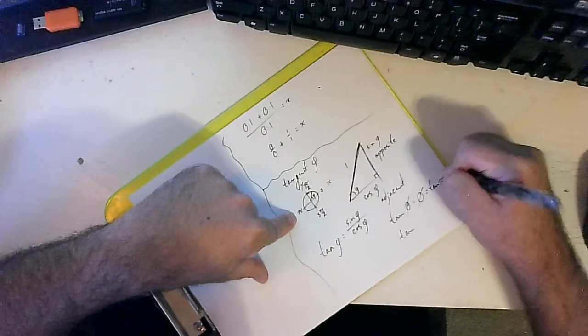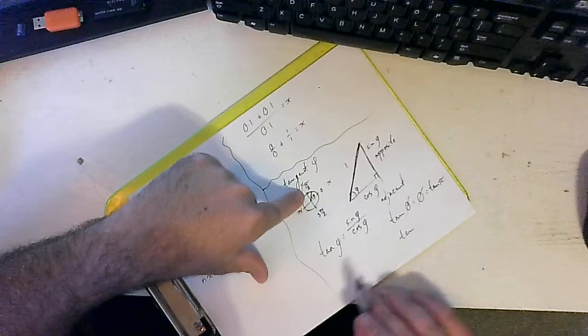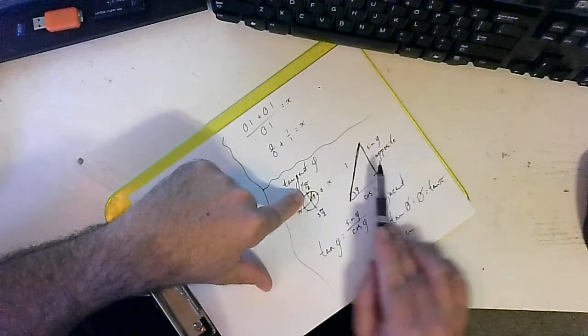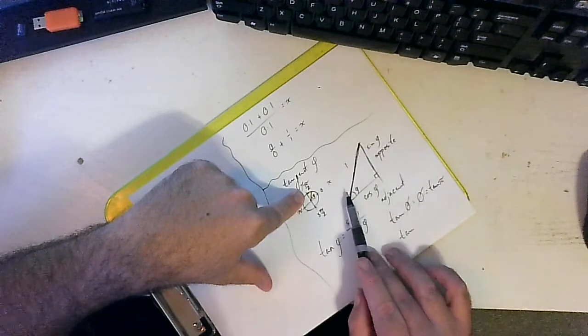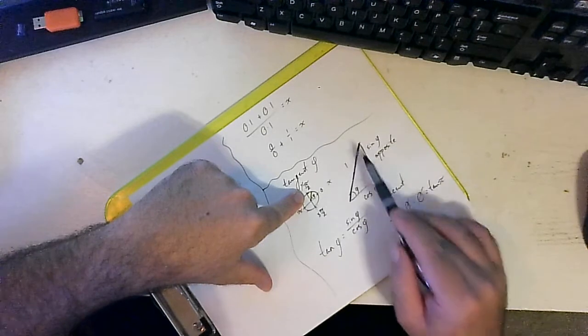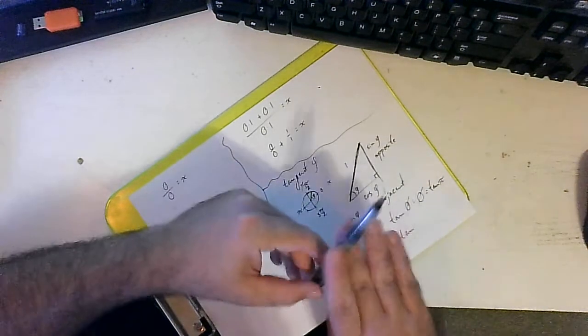So tangent of 0, tangent of pi, both 0. Tangent of pi on 2, our opposite is going to be 1. It's going to be completely in line with the known side. It's really all we have. There is no adjacent side. So we're going to get 1 divided by 0. This is where it gets tricky.